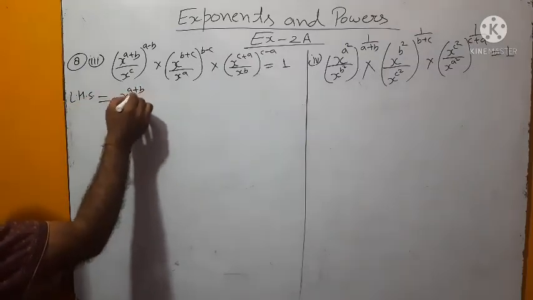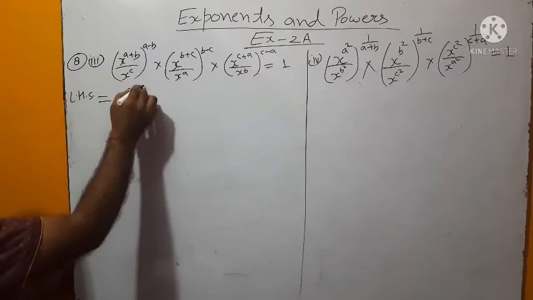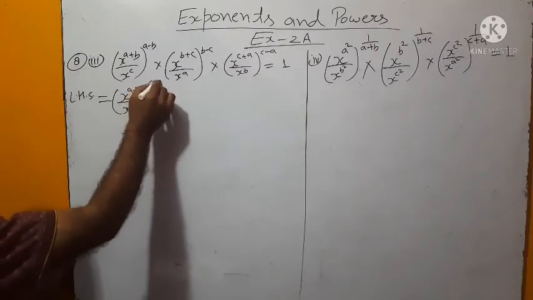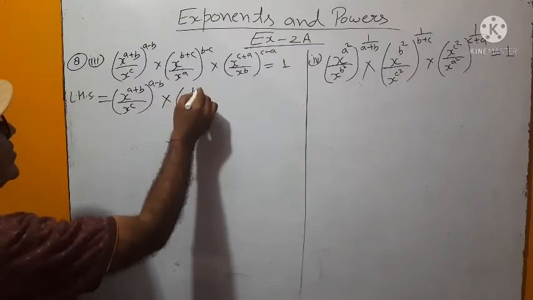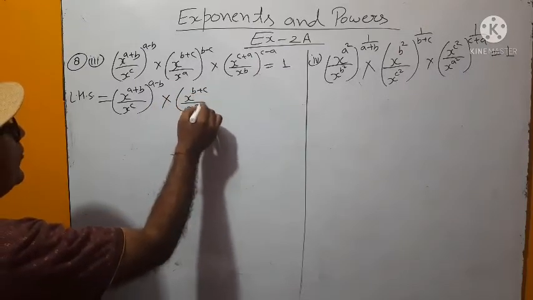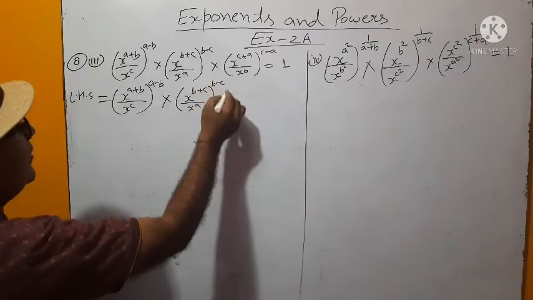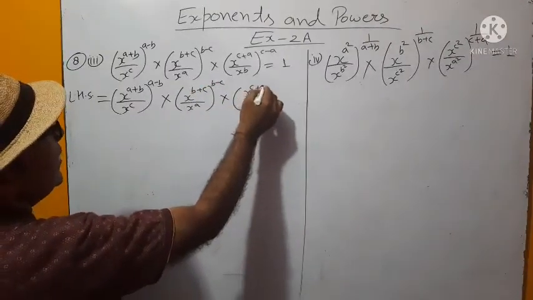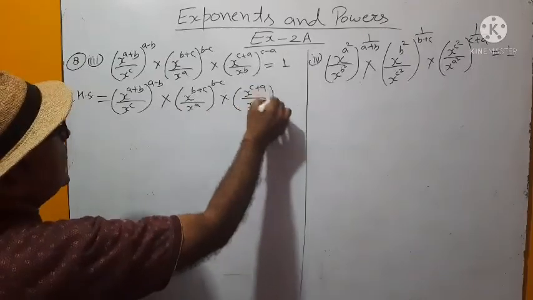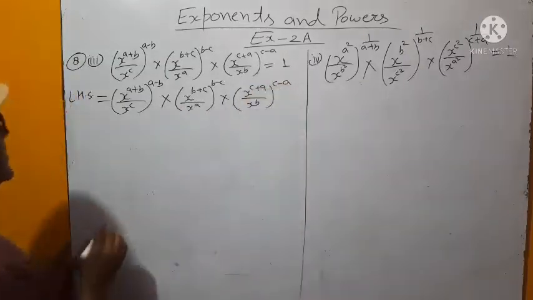(x^(a+b) / x^c)^(a-b) multiplied by (x^(b+c) / x^a)^(b-c) multiplied by (x^(c+a) / x^b)^(c-a).